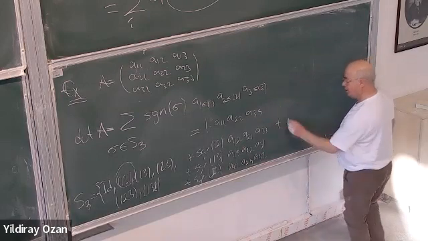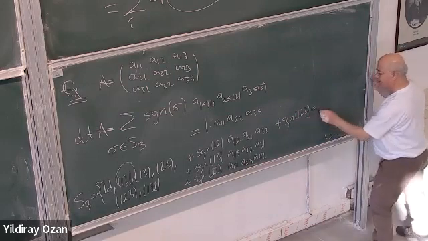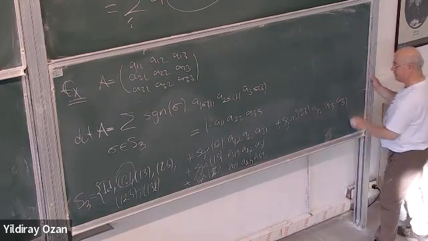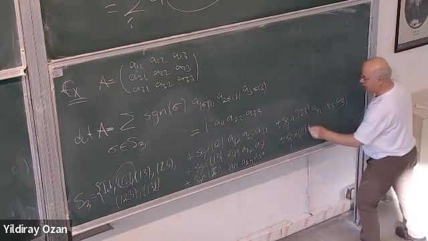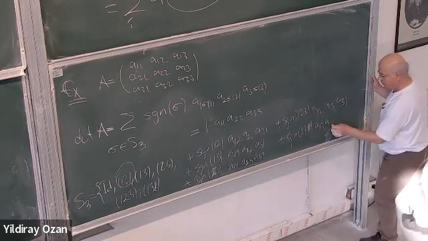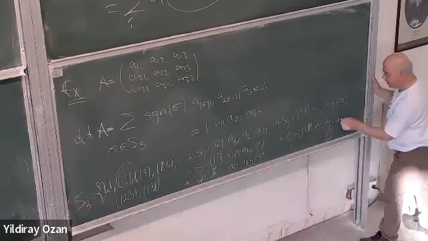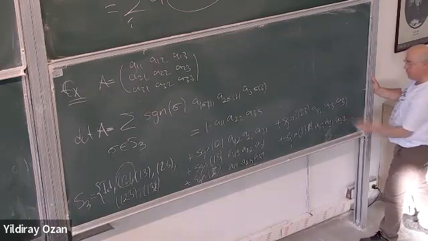Plus sign of (1 2 3): so 1 is sent to 2, 2 is sent to 3, and 3 is sent to 1. Plus finally sign of (1 3 2): so 1 is sent to 3, 2 is sent to 1, and 3 is sent to 2.